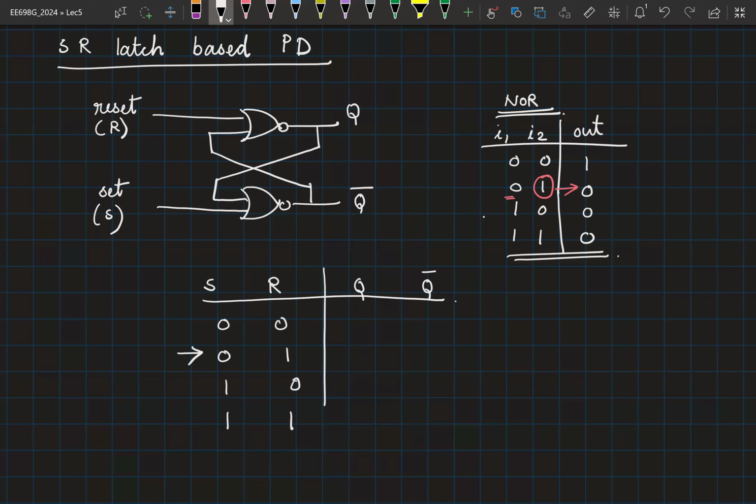S is 0 and R is 1. What should be Q? Because R is 1, you know Q is immediately 0. Now if Q is 0, and S is also 0, therefore Q bar is 1. So this gives you 0, 1.